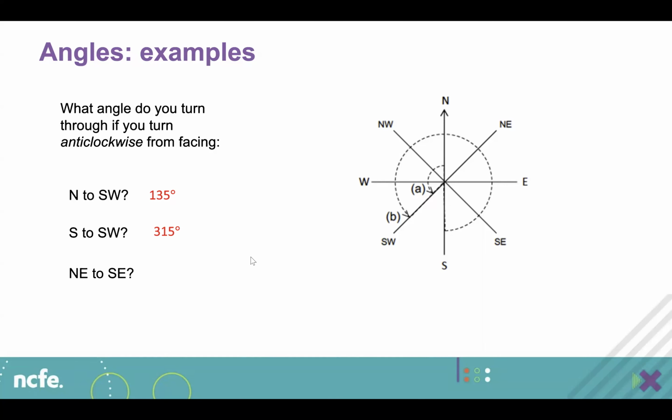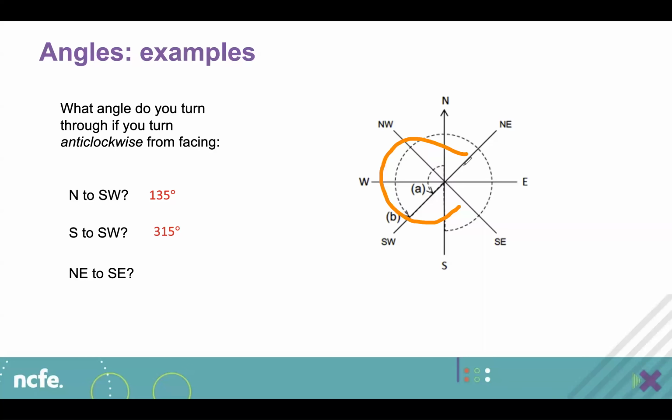Northeast to southeast, again anti-clockwise, will be from here all the way to here. So if I draw a line just to make it clearer, it would be from here all the way to there.